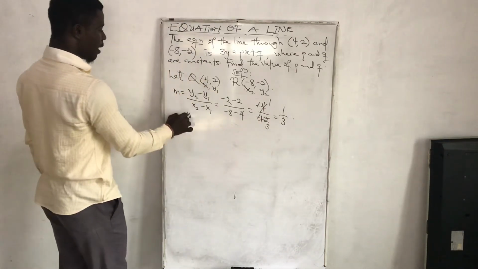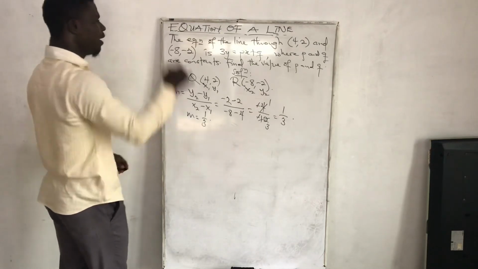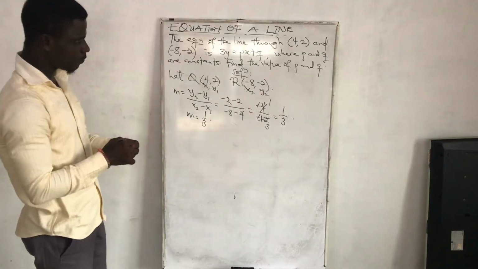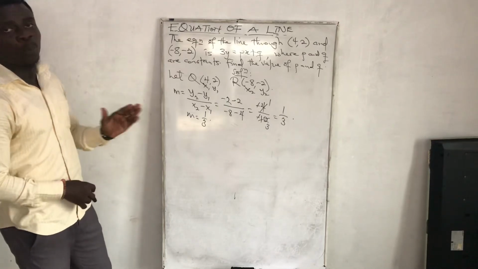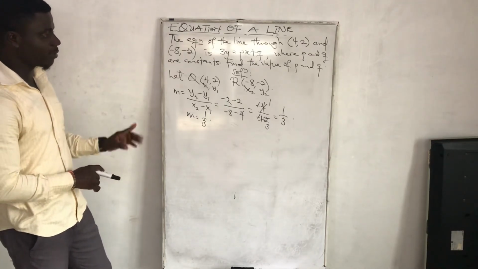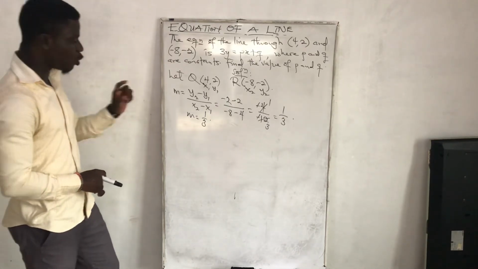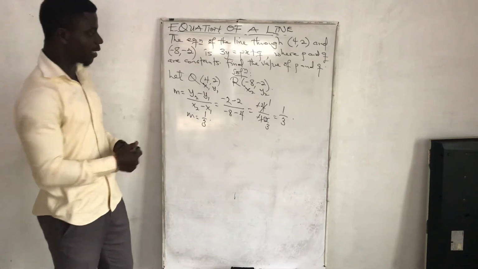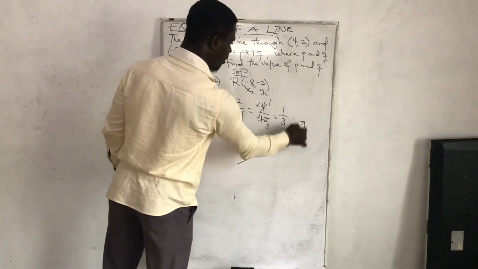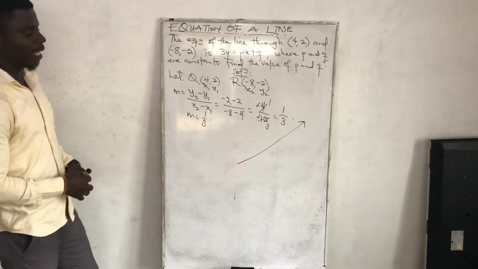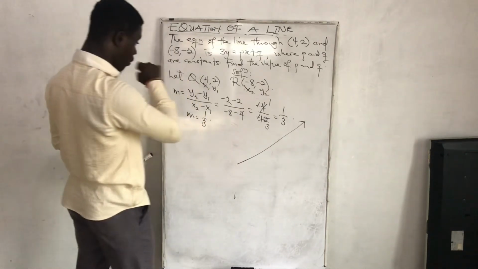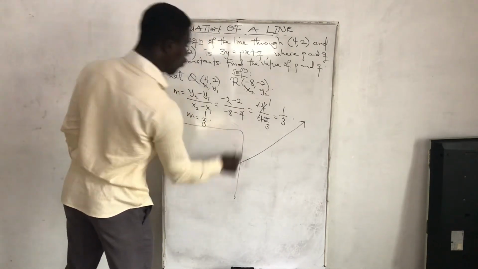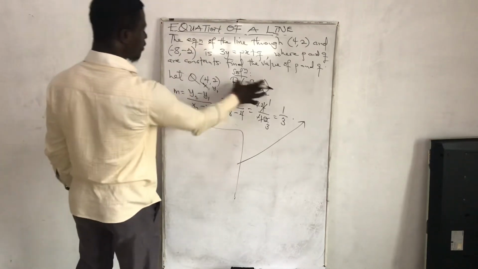So m equals 1 on 3, which means the line is an increasing function because the gradient is positive. Now how can we find the equation? We can use only one point, either this or that.